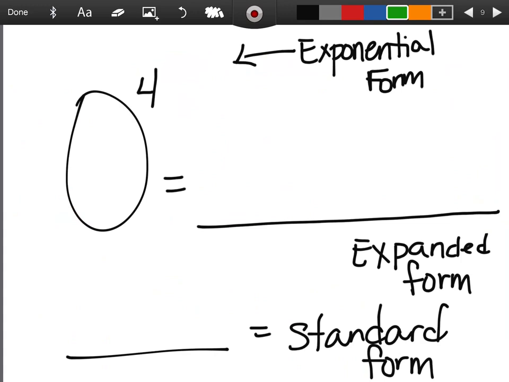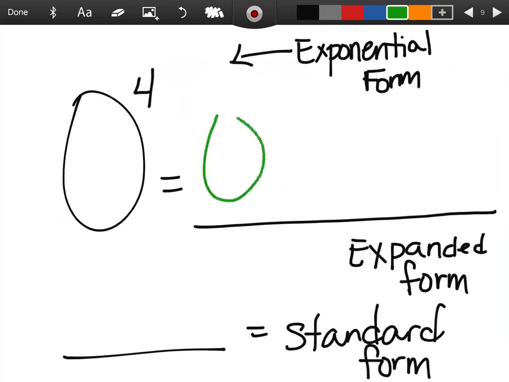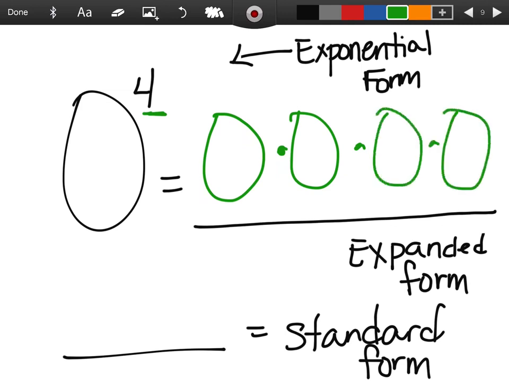All right, zeros. Zeros are actually not really all that special. They're zeros. Anytime you multiply zeros, I know that anything times 0 is 0. So it would be 0 to the 4th power, so I'm going to need 4 of them. 1, 2, 3, 4. And again, that's expanded form. And then standard form.